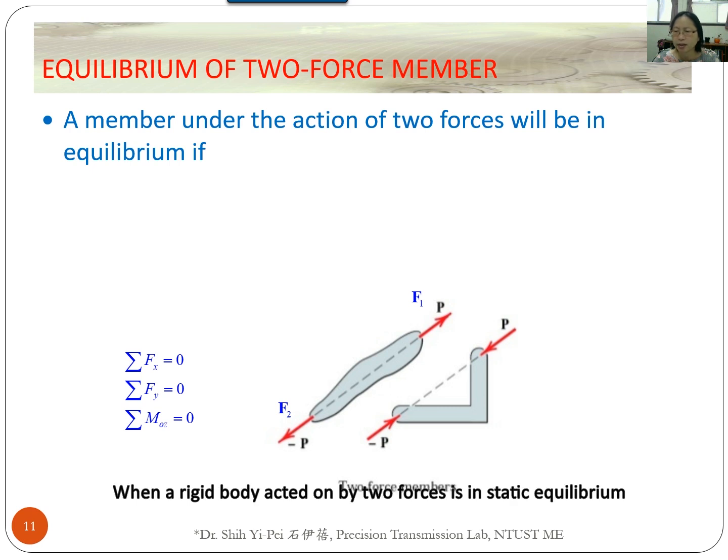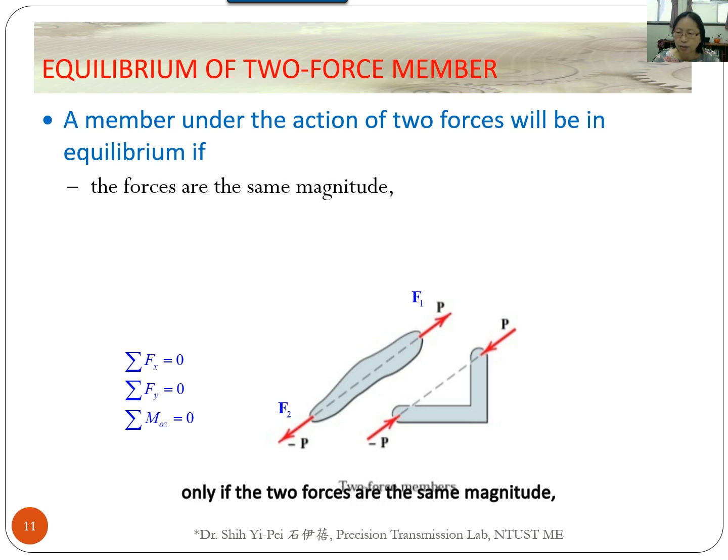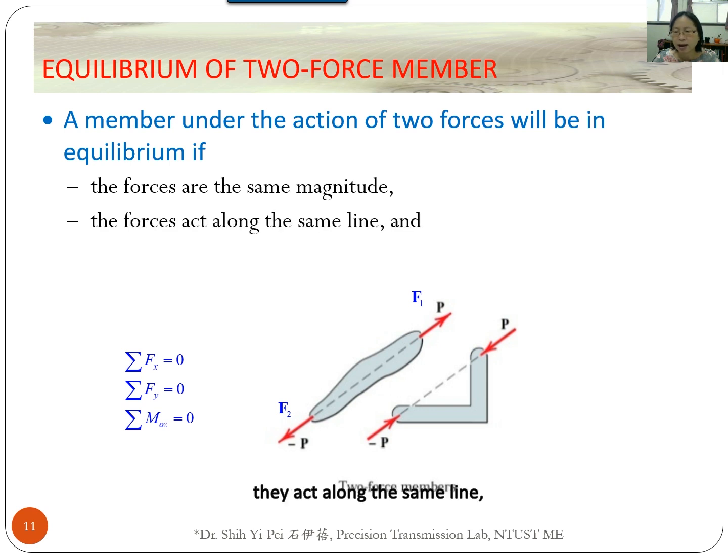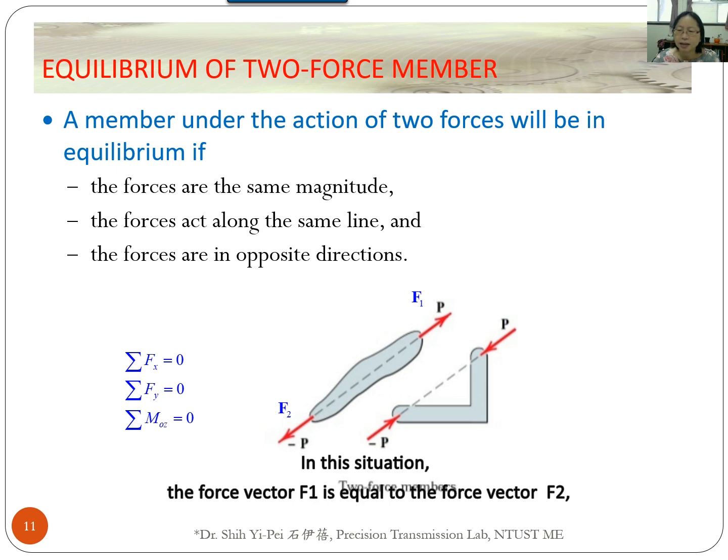equilibrium. A rigid body acted on by 2 forces is in static equilibrium only if the 2 forces have the same magnitude, act along the same line, and are in opposite directions. In this situation, the force vector F1 is equal and opposite to the force vector F2, and no moment acts on it.